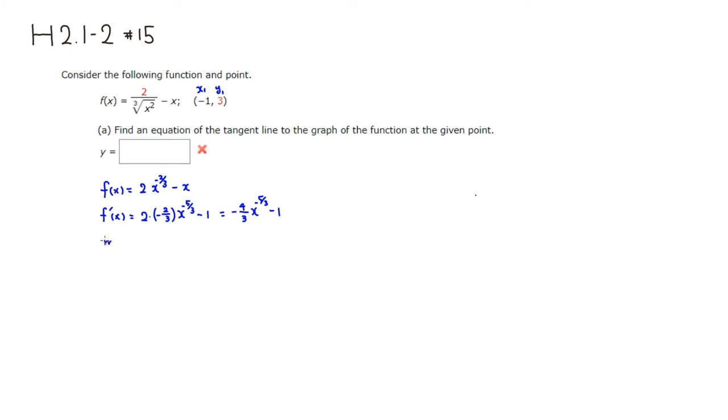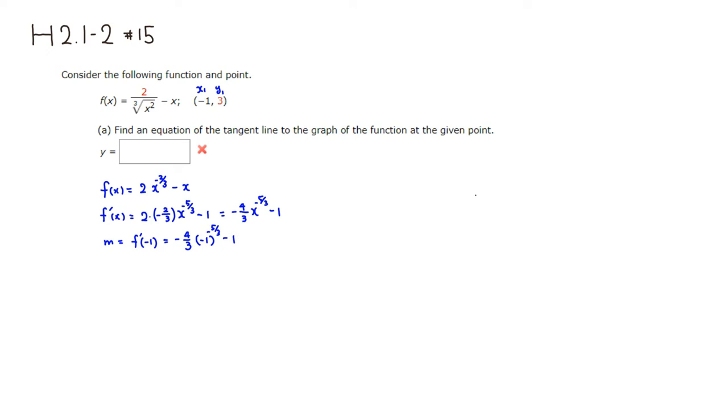Slope m is equal to, take the derivative and plug in the x1 value, which is negative 1. So this is going to be a negative 4/3, then you have a negative 1 to the negative 5/3 power minus 1.